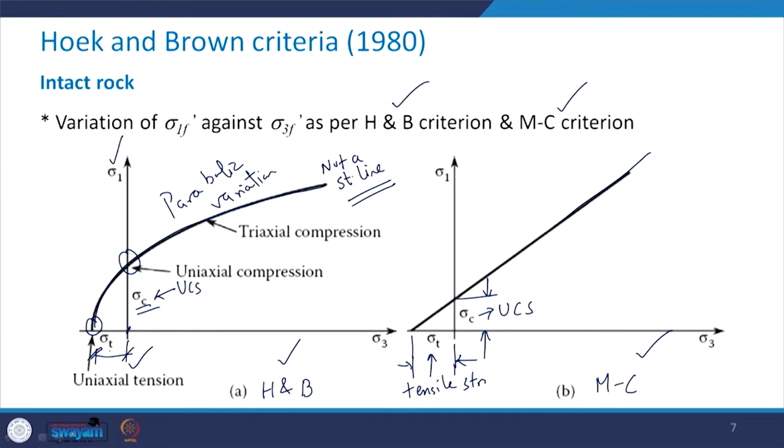If you compare these two criteria, one is a straight line, the other a parabolic variation. Why is it more commonly adopted for rocks? Because most of the time when you conduct a triaxial test on rock, this is the kind of variation that you will get and not a straight line.